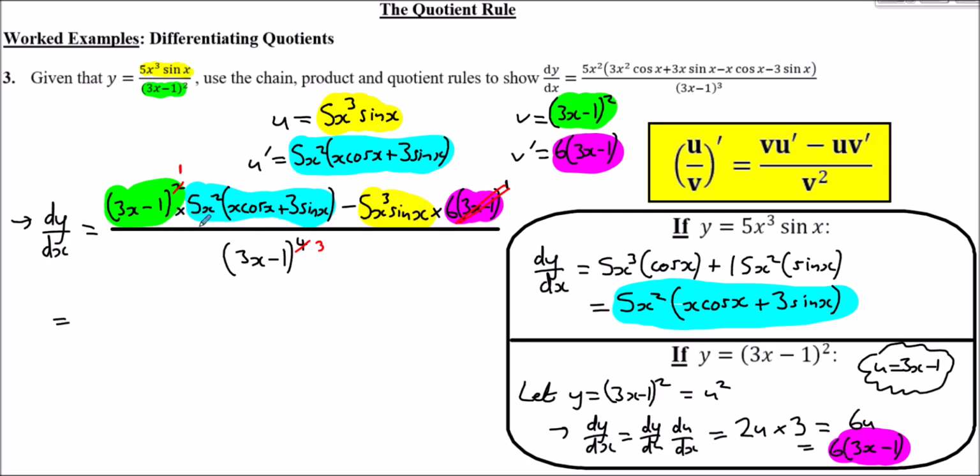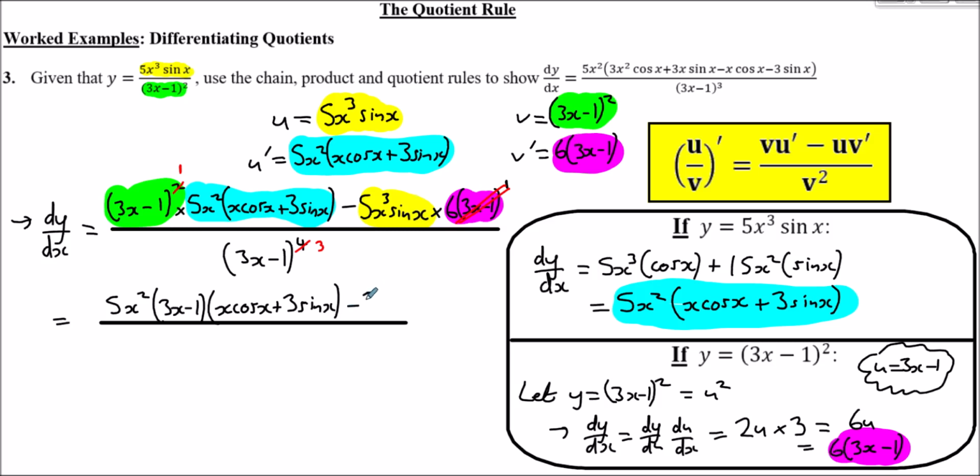So now we're going to have 5x squared here. Let's do the fraction line first, actually. There we go. So 5x squared multiplied by one lot of 3x minus 1 multiplied by x cos x plus 3 sin x, then over here minus 5 times 6, we can just replace with minus 30 if we wanted, but because we want to leave it in terms of 5x squared, what I'm going to do here is factorize out a 5x squared from this.